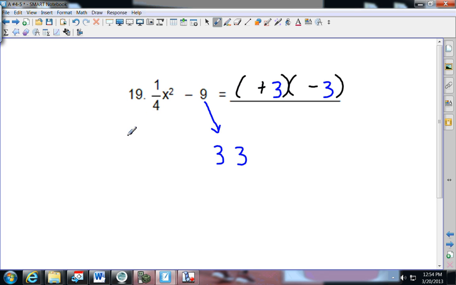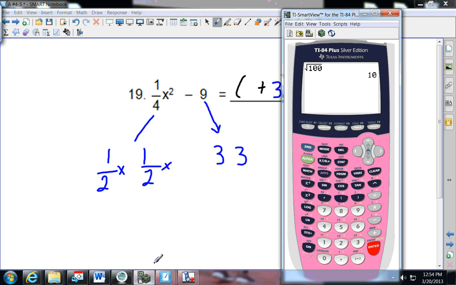They struggle a little bit right here with this fraction. Now, you can look at it in one of 2 ways. You can see that 1 splits up as 1 and 1, and 4 splits up as 2 and 2. But say you don't know how to do that, you can always go into the calculator and do the square root, second, the x squared, put in there 1 divided by 4, 1/4, and press enter.